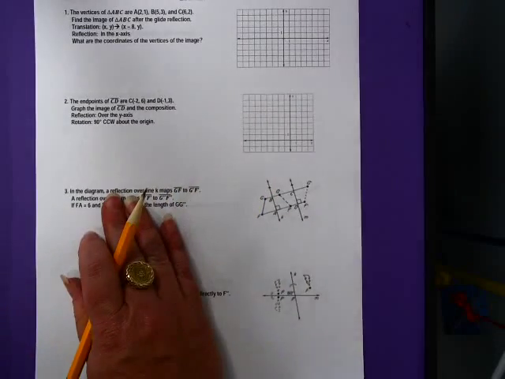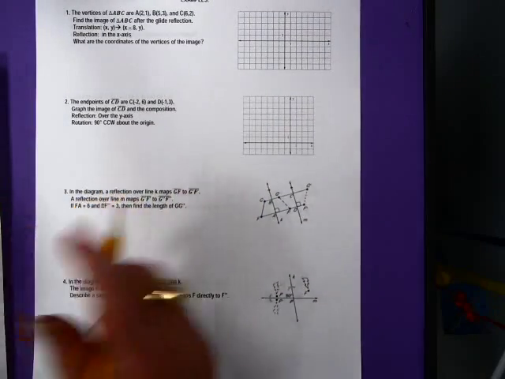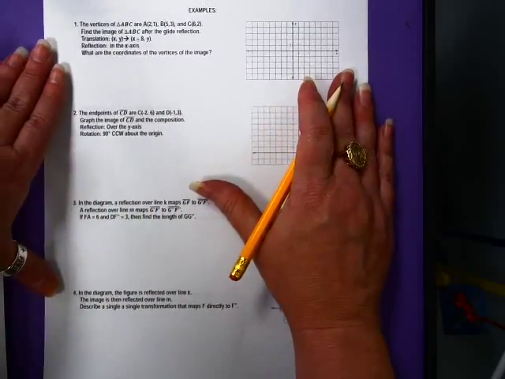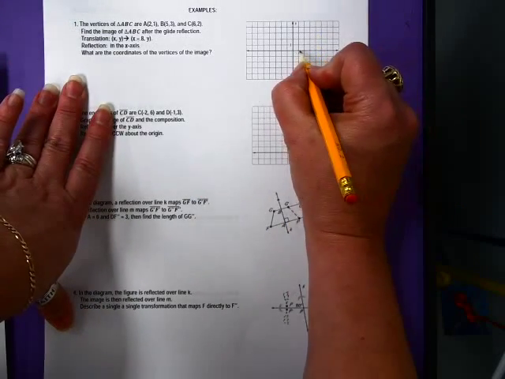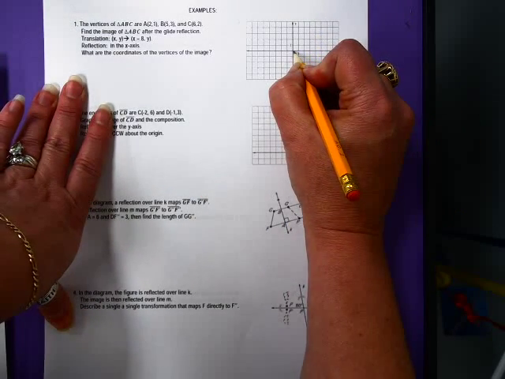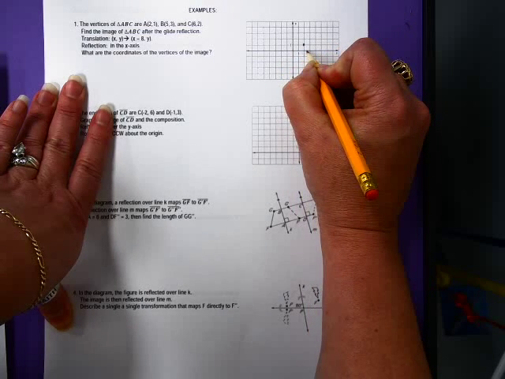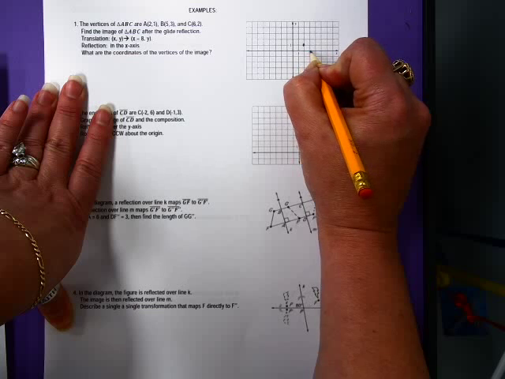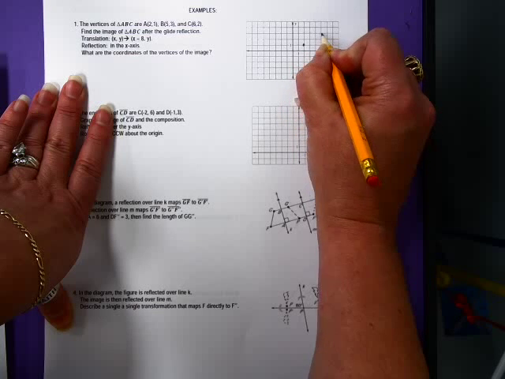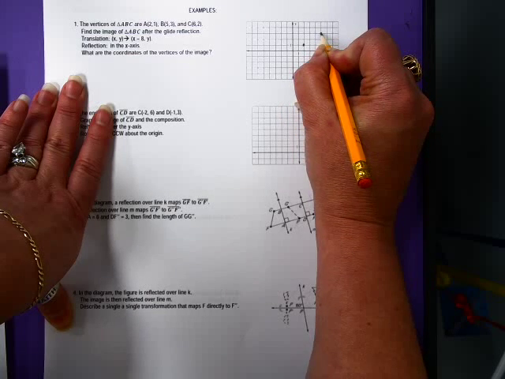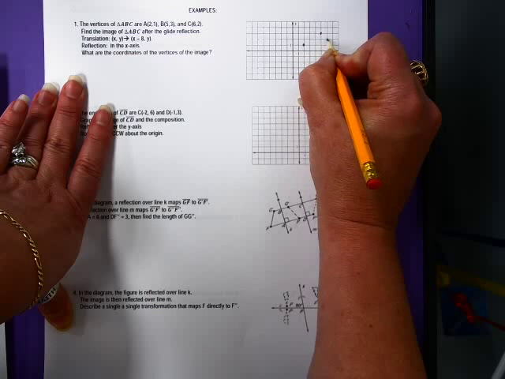Okay, so here I'm going to start off with 2, 1, and then 5, 3, and 6, 2.